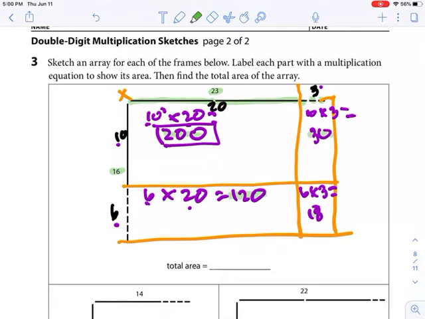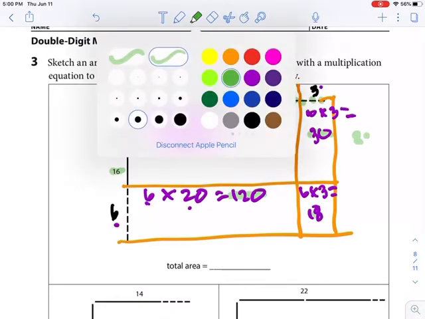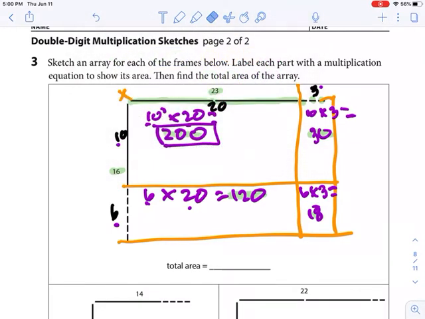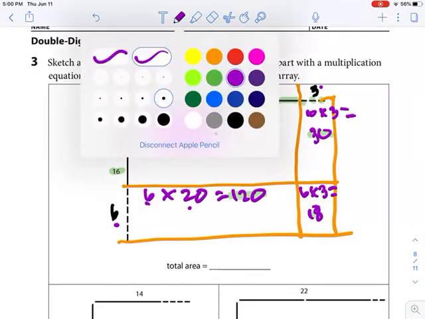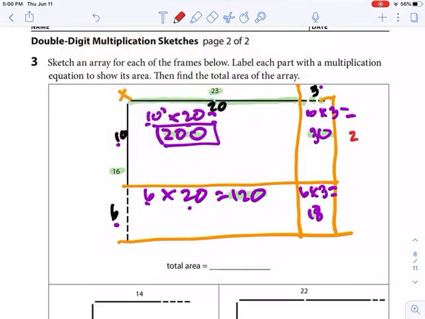So 200, oops, let me erase that. Let me go ahead and use red. 200 plus 30 plus 120 plus 18 are all of my partial products.